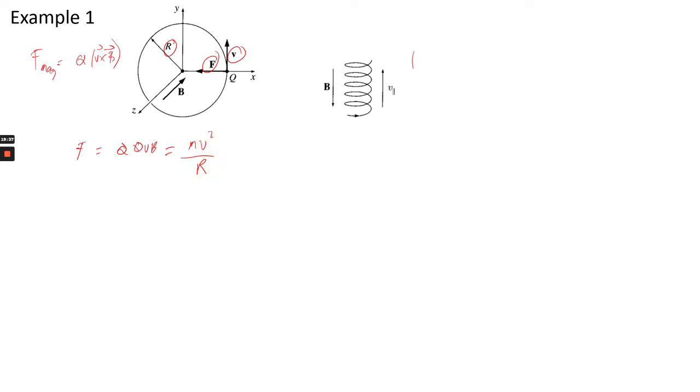We can manipulate this. We have mv times v over r. But mv is the momentum, so we have p times v over r. The v cancels on the left-hand side. Tada.